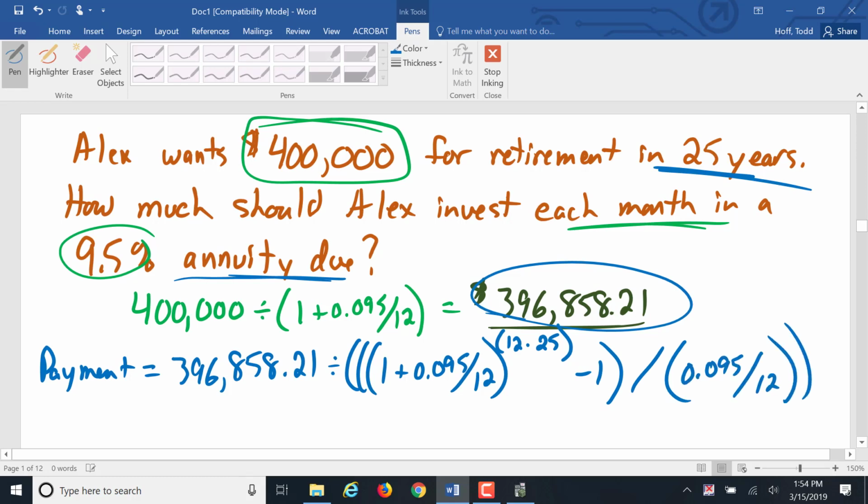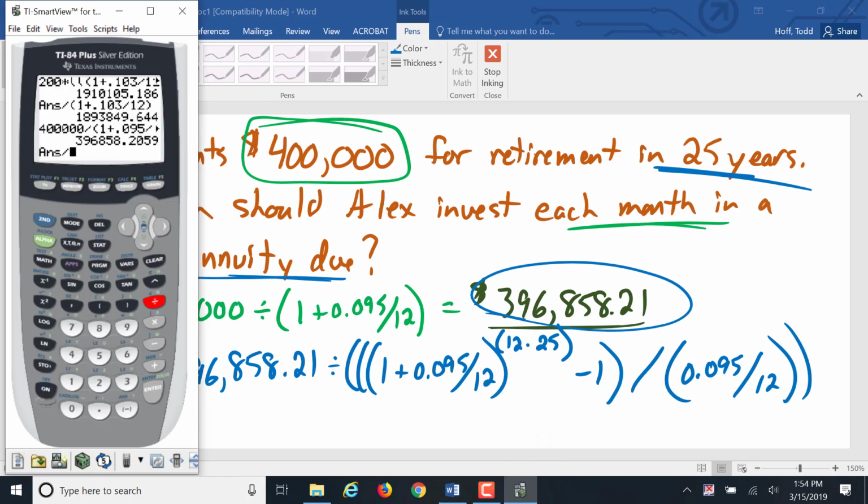Close and close. Again, if you typed in the 396,858.21, you might get a slightly different answer than I'm going to get here, because I left it in the calculator, so I'm using it unrounded.